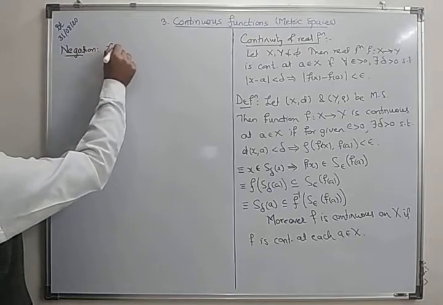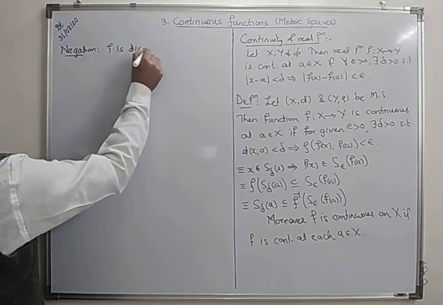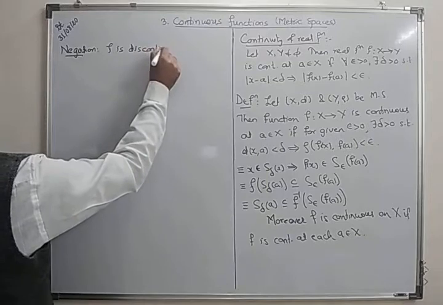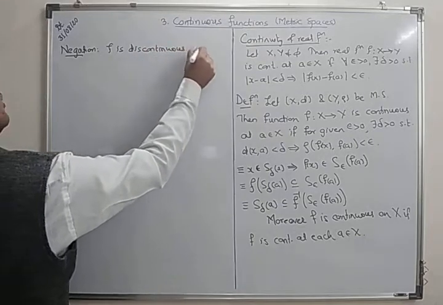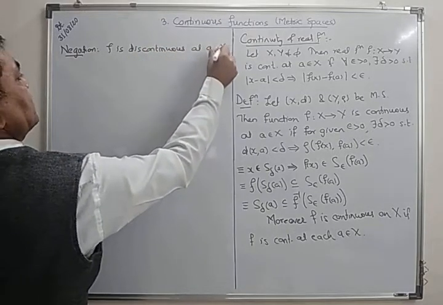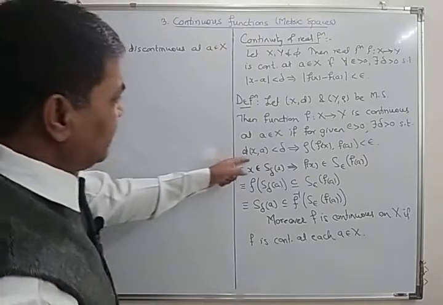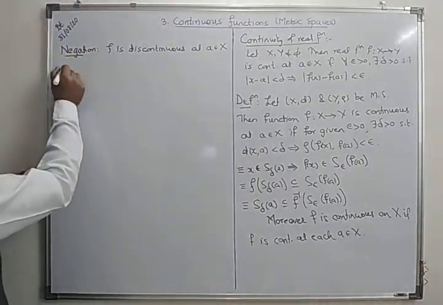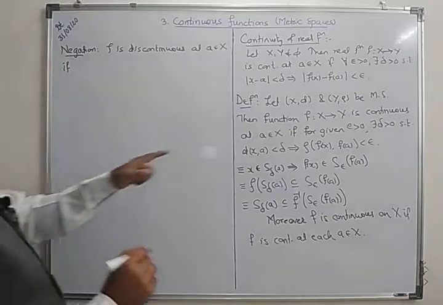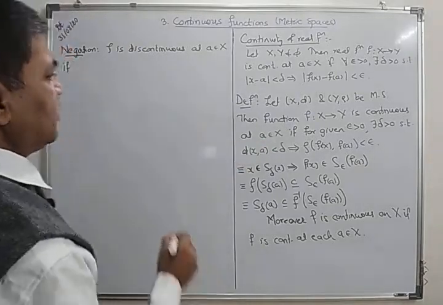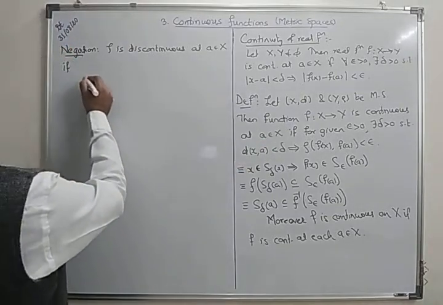F is discontinuous at A, A belongs to X, if for some epsilon greater than 0. Okay.